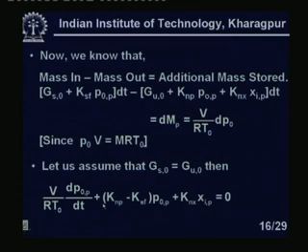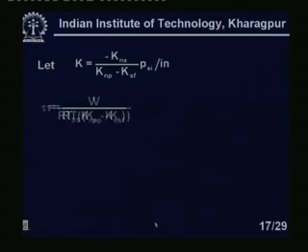Let us assume that GS0 equals GU0, then I can write V by RT0 dP0P by dt plus (KNP minus KSF) P0P plus KNX·XiP equals 0.